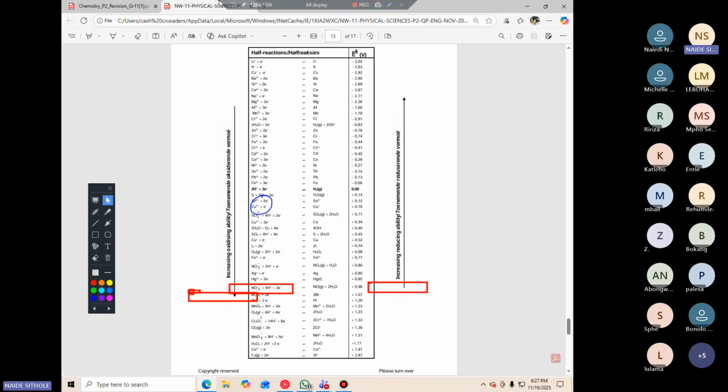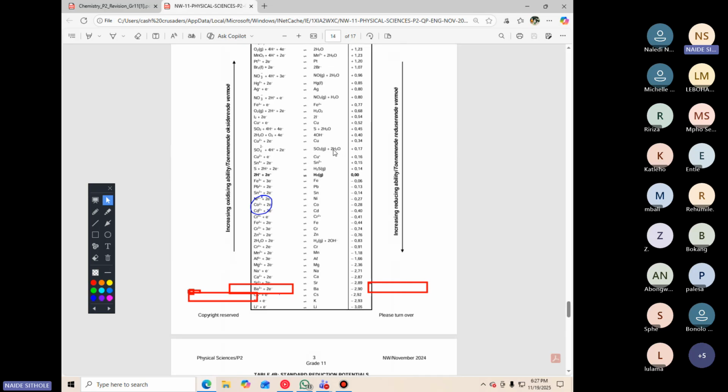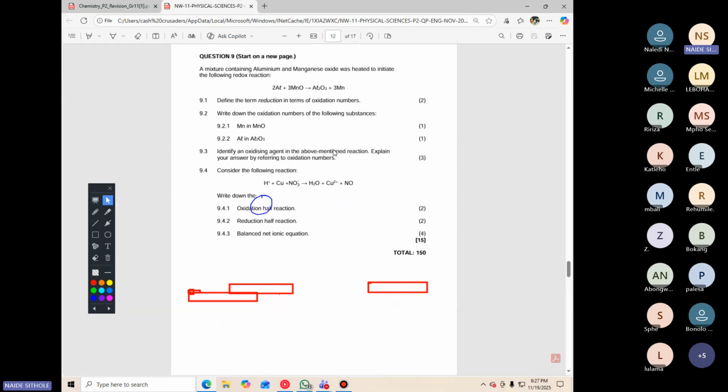Then obviously, if you still remember the ones that we did on Saturday, we were trying to find the oxidation number of manganese in MnO and of aluminum in Al2O3. How we did it is to say we already know the oxidation number of oxygen, but we don't know it for manganese. So oxygen is -2. But if it's like this, what do we equate it to? Remember, if it's not an ion, it is a stable substance, and all stable substances have an oxidation number of 0.